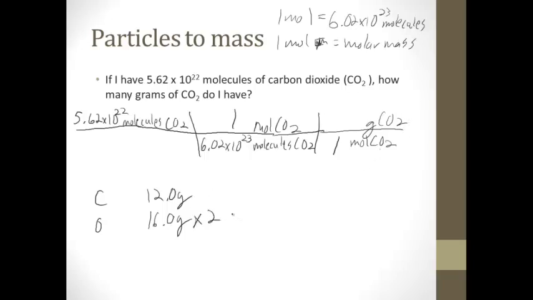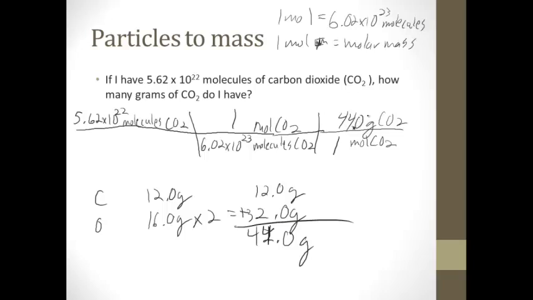So remember, we have to multiply by 2. We get 32.0 grams. And the other one was 12 grams. So we're going to add these up, and we get 44.0 grams. And we're going to put that right there. So there it is.